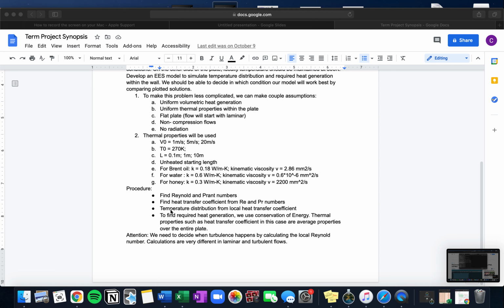I want to have a look at the temperature distribution within the flat plate. And step 4 is the most important one, where we want to compute the heat generation by using the conservation of energy.